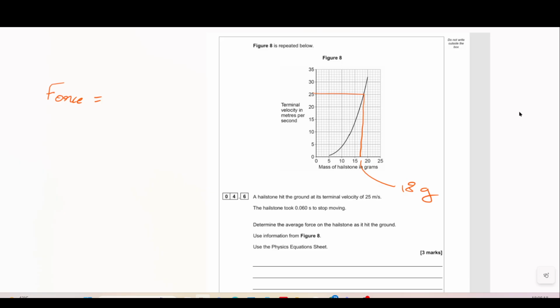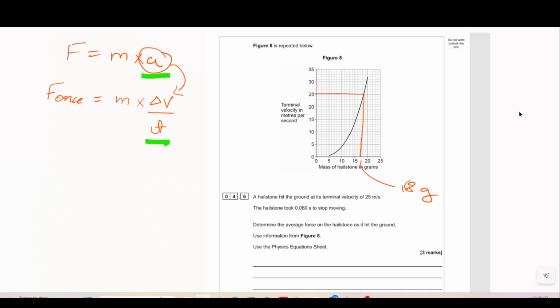Resultant force equals mass times acceleration. So you can write acceleration as change in velocity over time, right? If you use this formula, mass times acceleration, acceleration is change in velocity over time.